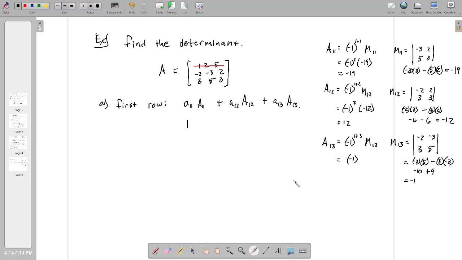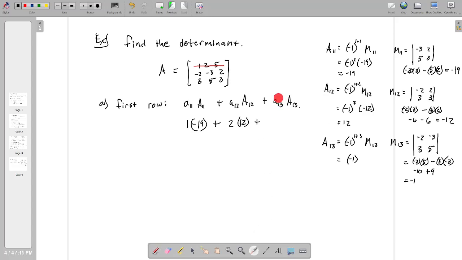So I found all of my cofactors for the first row. Now we need to multiply those by the corresponding elements. So a11 here is the element 1, first row, first column of the matrix. Multiply that by negative 19, plus a12, first row, second column, that element is 2, times A12, which is 12.